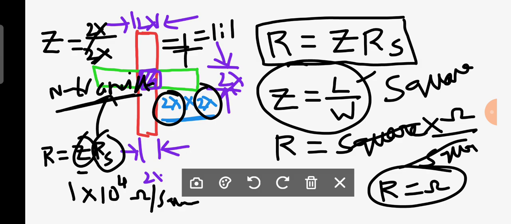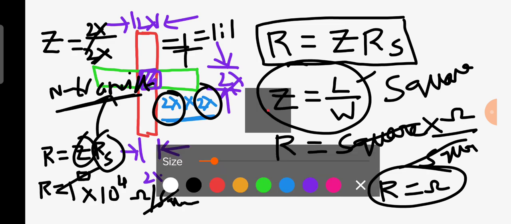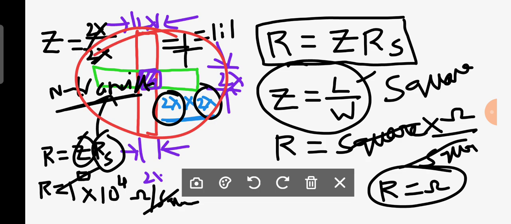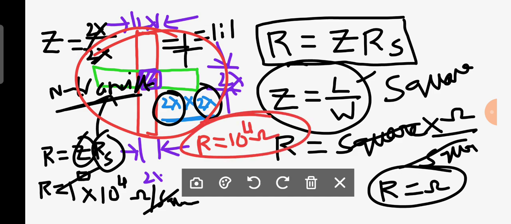But what is the unit? Square is the unit. Then you may observe square gets cancelled. Then finally for this structure of a MOSFET, R is 10 to the power of 4 ohms. Are you clear, all of you?